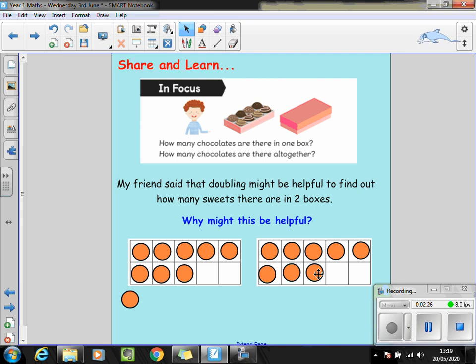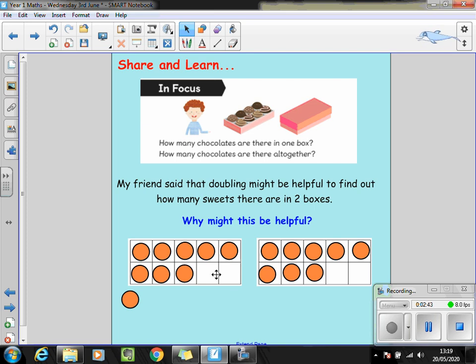Now the tricky bit is, how are we going to add those together so we know how many chocolates there are altogether? If you think back to our learning earlier on in Year 1, using this tens frame is really helpful because I can see that there are 2 gaps in this tens frame.